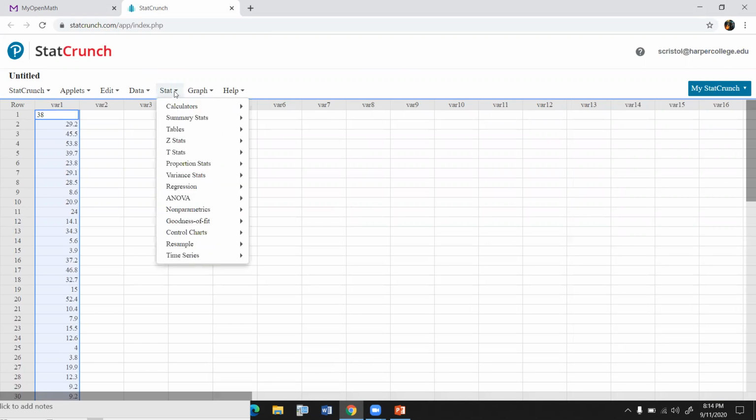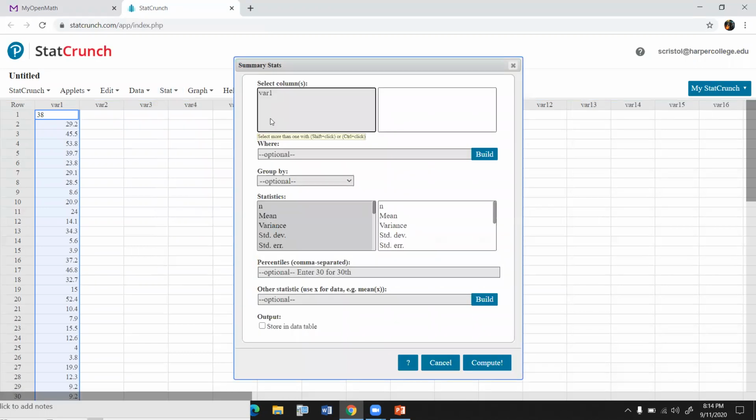So I will highlight the stat, and right here you have summary statistics. Okay, and summary statistics of columns, and here is the column. I have to click on the column where I have my data, which is variable 1. I'm not changing anything here, but I'll just be looking for the mean because the problem says find the mean and the standard deviation.